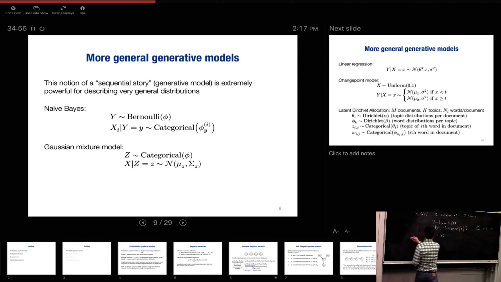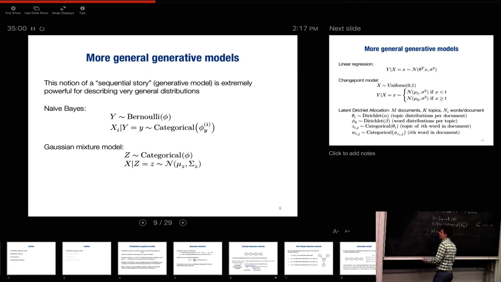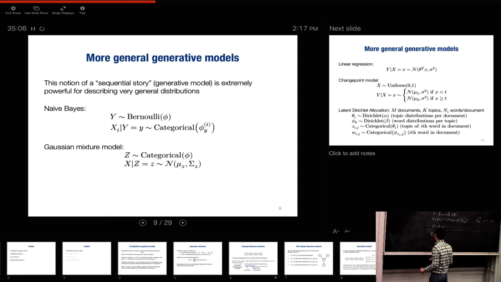So another very common one is called a Gaussian mixture model. In this case, I'm going to sample some variable z, which I'm calling z here, from a categorical distribution with some parameter phi.